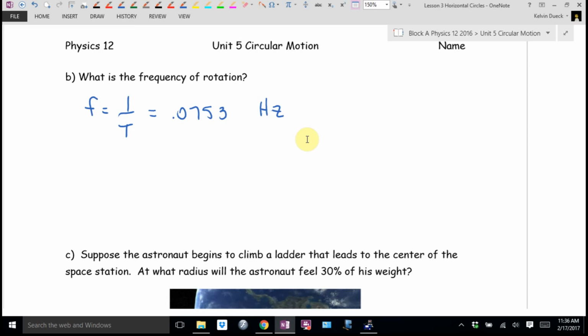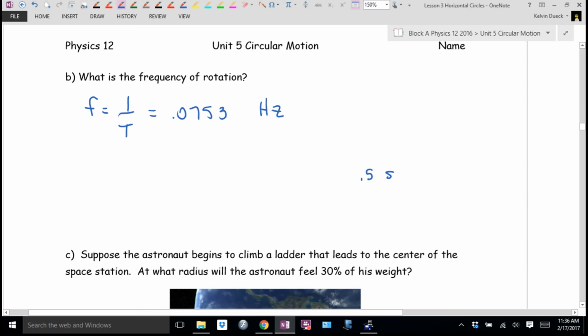You ready? Let's suppose that the period of rotation was 30 seconds. Your frequency would be 1/30th. It means you rotate 1/30th of a rotation every second. Let's suppose that your period of rotation was 0.5 seconds.